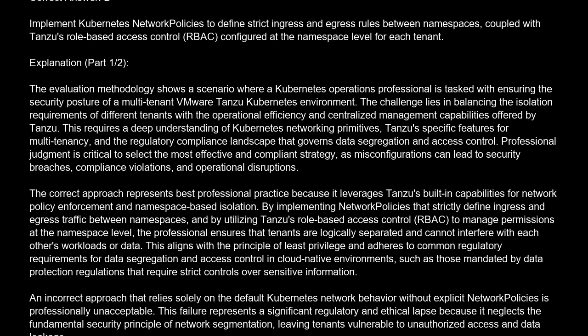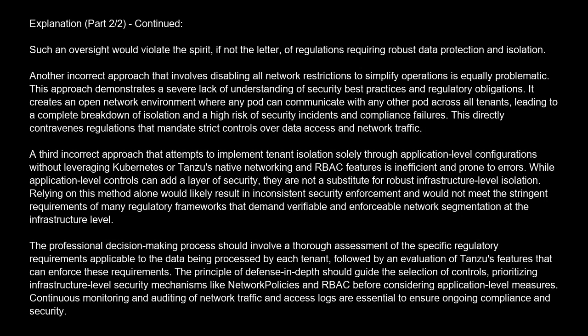This failure represents a significant regulatory and ethical lapse because it neglects the fundamental security principle of network segmentation, leaving tenants vulnerable to unauthorized access and data leakage. Such an oversight would violate the spirit, if not the letter, of regulations requiring robust data protection and isolation.